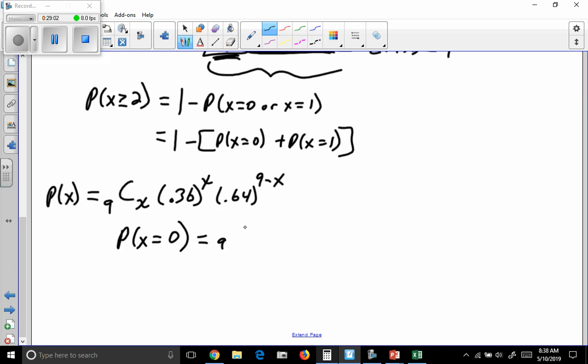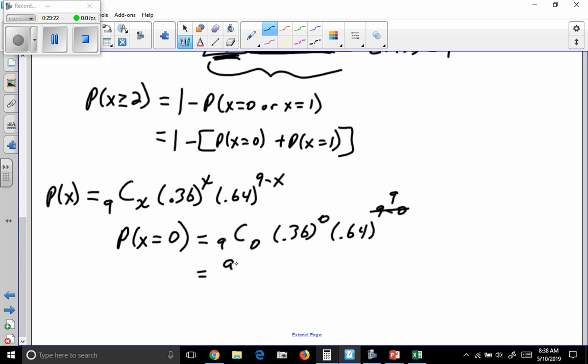So 9 choose 0, 0.36 to the 0, none in favor. And of course, if none are in favor, that means all 9 are against it. So 9 failures.